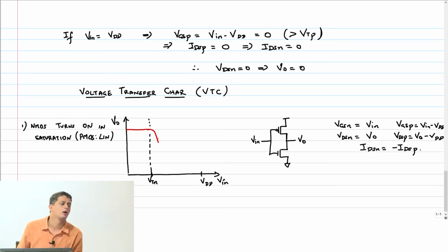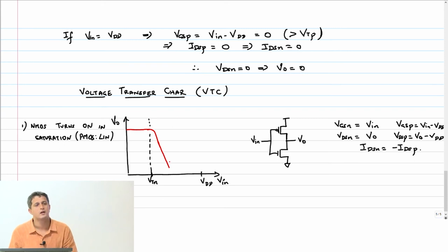And therefore at some point, mod VDSP will exceed VGS minus VT of the PMOS, and therefore it will get into the saturation region, and this will happen somewhere near VDD by 2. Okay, so there will be one point in which both NMOS and PMOS transistors will be in saturation region. Okay, so this will continue to happen.